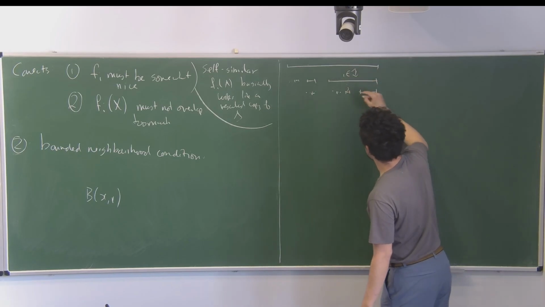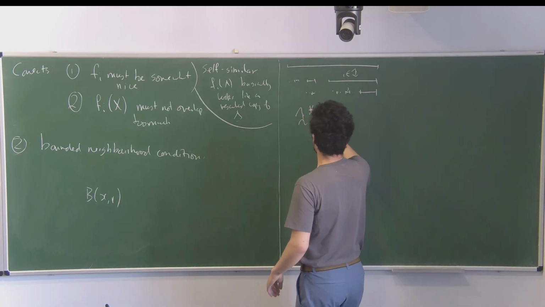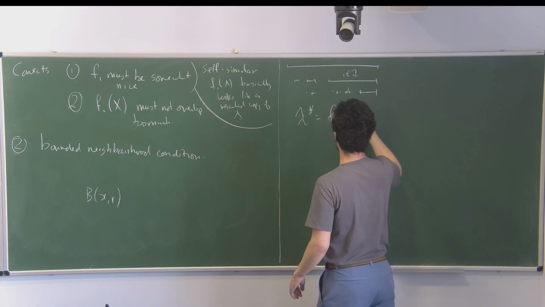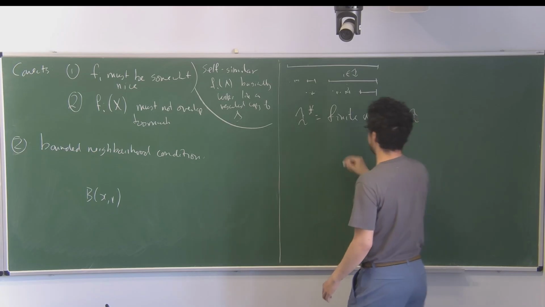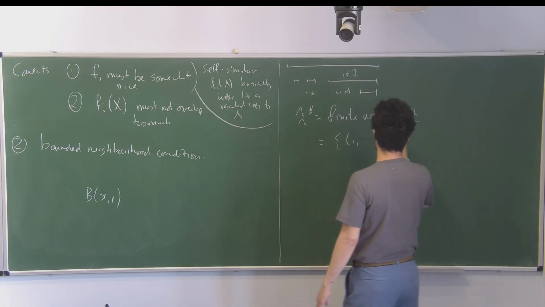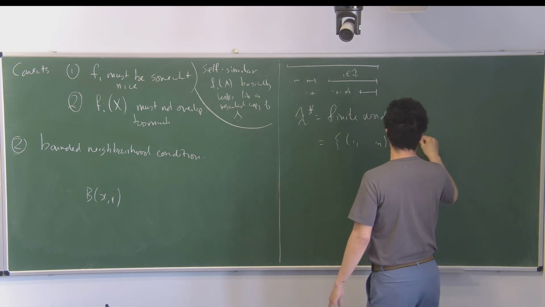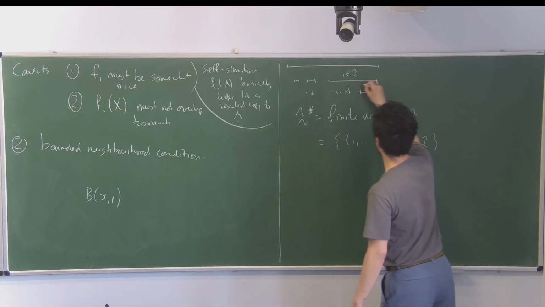If we talk about finite words, so I star is equal to the finite words on I, by that I mean things of the form i1, ..., iN, where i sub j is in I. There's a correspondence between elements of I star and these sets.